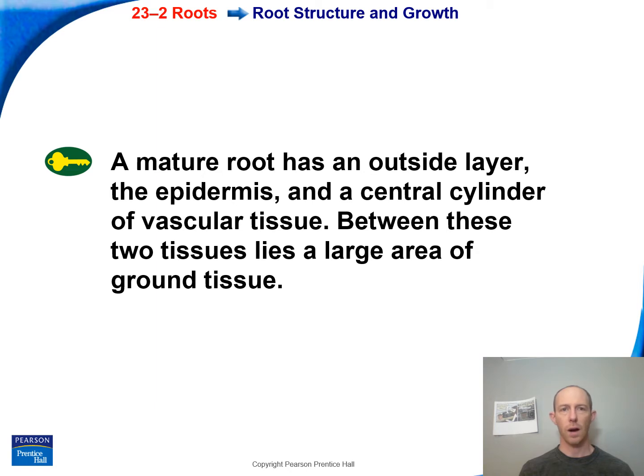So I will talk about some of these parts of the roots here, but you should know that all the component parts we're talking about come from different tissue systems. We talked before in the previous lesson about dermal, vascular, and ground tissue, so they all play a role in roots. It's a little bit different than the role they play in stems and leaves, but they all play important roles, and we'll discuss that.